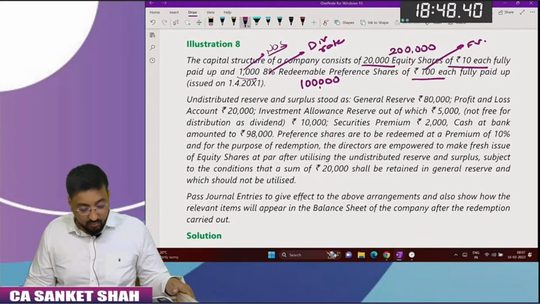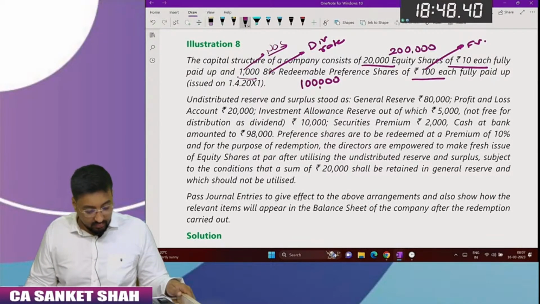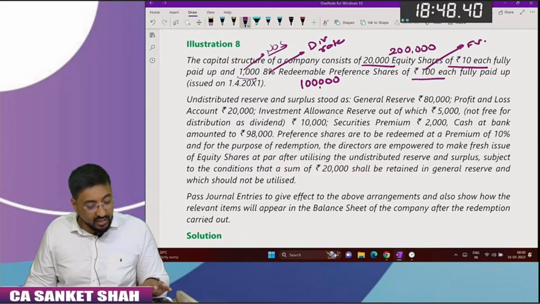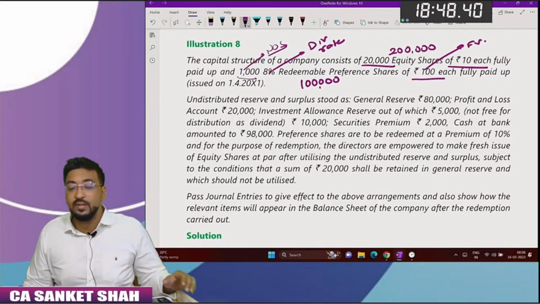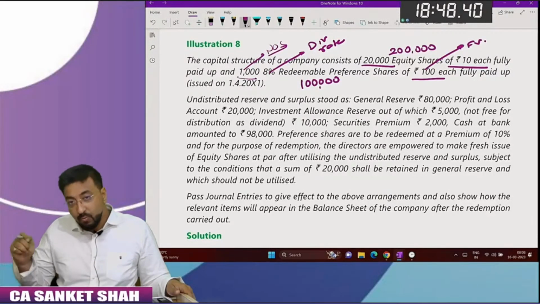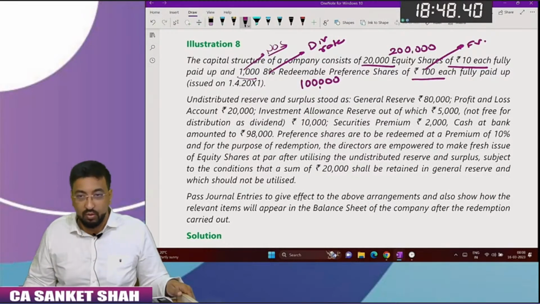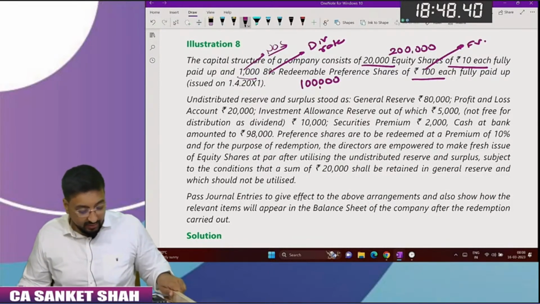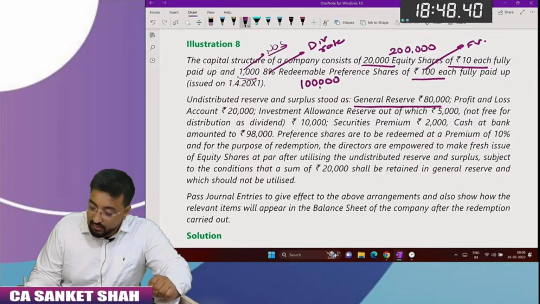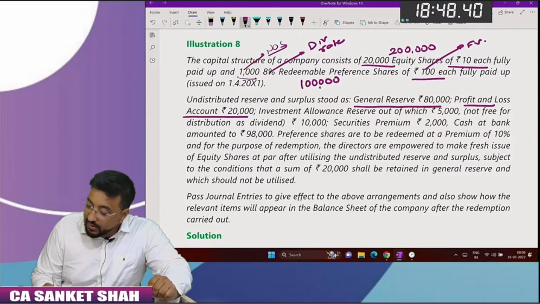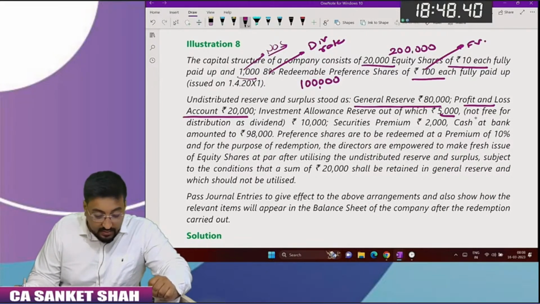No beta, no entries are to be combined, remember this much. Understanding the concept is not enough; solving it within time is more important, and for that you need practice. Undistributed reserves: general reserves 80,000, P&L account 20,000, investment allowance reserve. Now see, investment allowance reserve 5,000, not free for distribution as dividend.